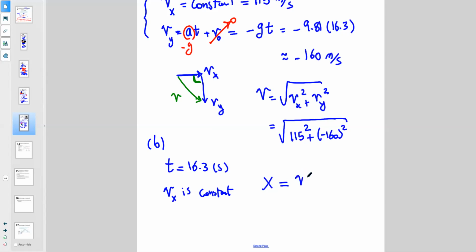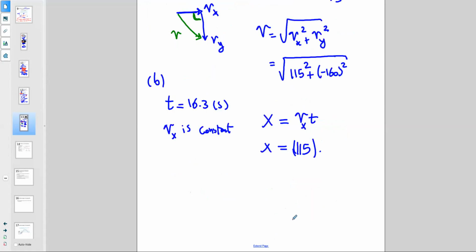X equals vt, where v is the velocity along the x direction, 115, times t, which is 16.3.